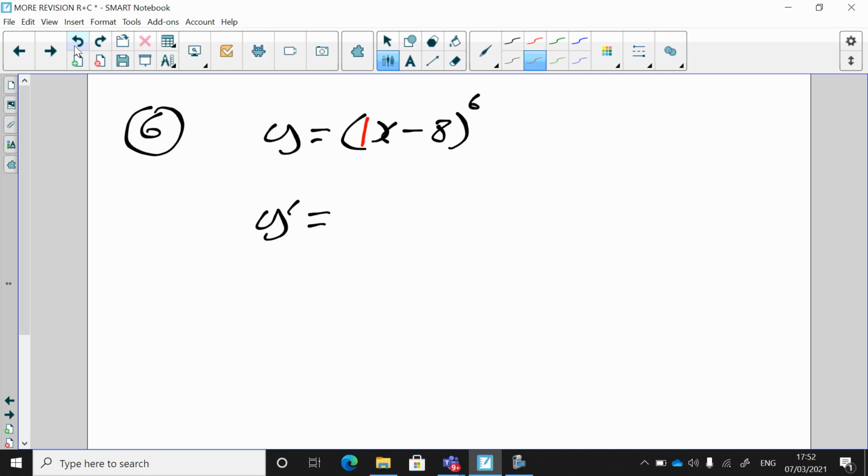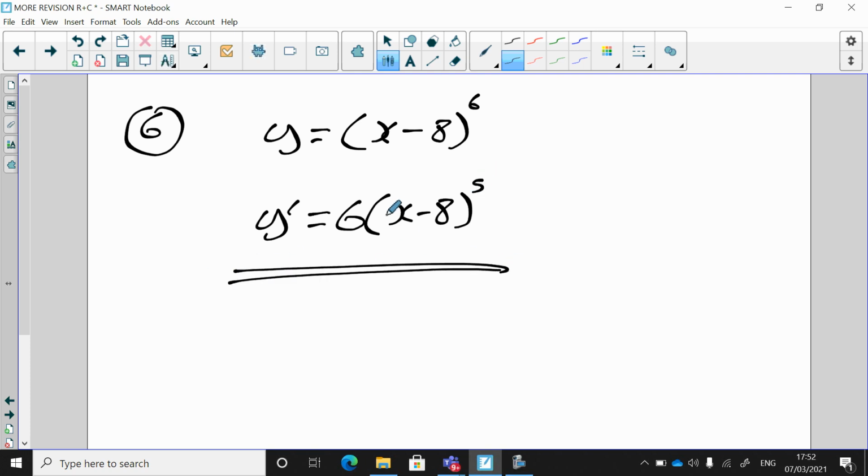So here, let's differentiate, bring the power down the front. Yes, it would get multiplied by 1, wouldn't change it. It's going to be 6 times x take 8, subtract 1 from the power, so 6 take 1 is 5. There you go. So that's just you using your formula sheet there.